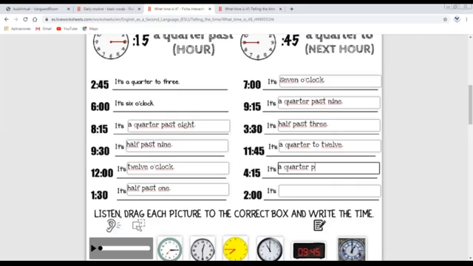It's a quarter past 4. Next, what's the time? It's 2 o'clock. So now we have to repeat again.